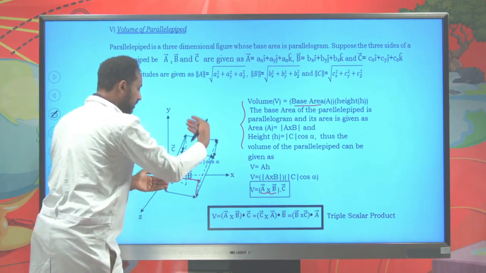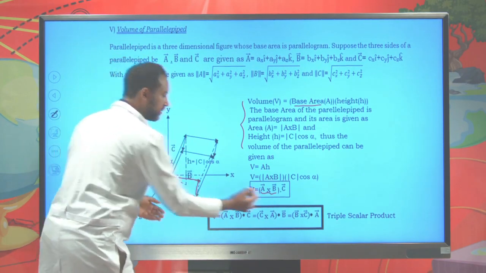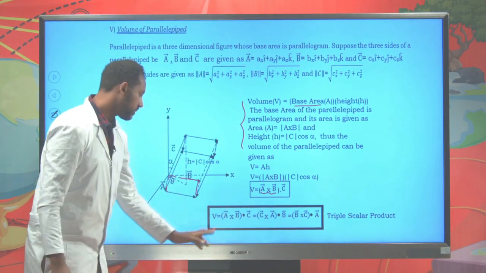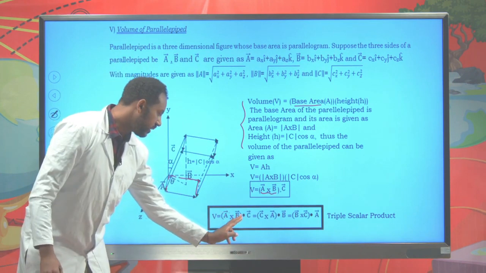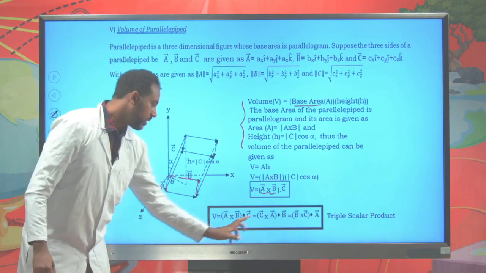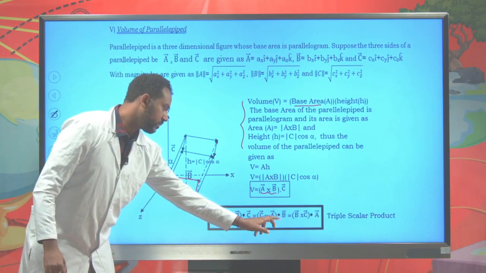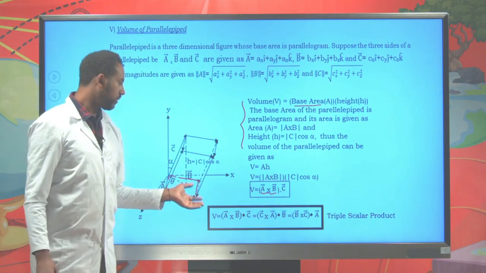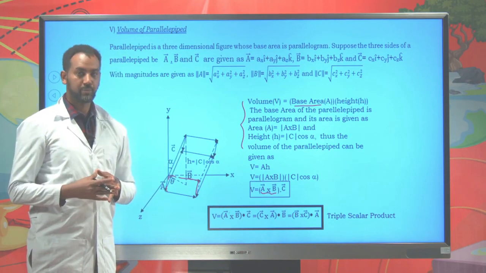The area dotted with C gives you the volume. This is known as the triple scalar product. So A cross B dotted C, or C cross A dotted B, or B cross C dotted A can give us the volume of this parallelepiped.